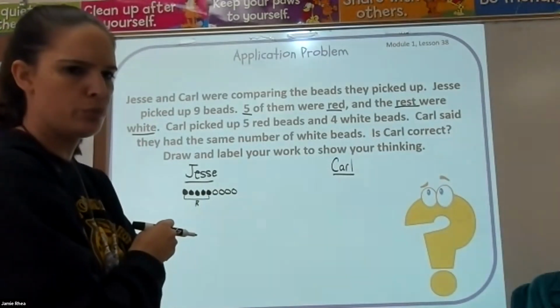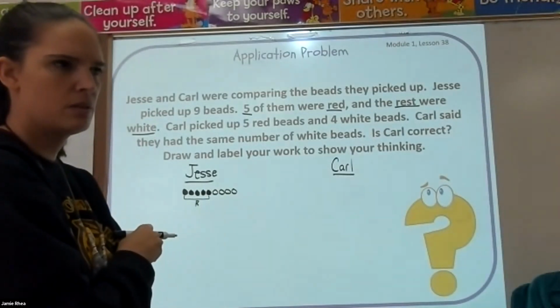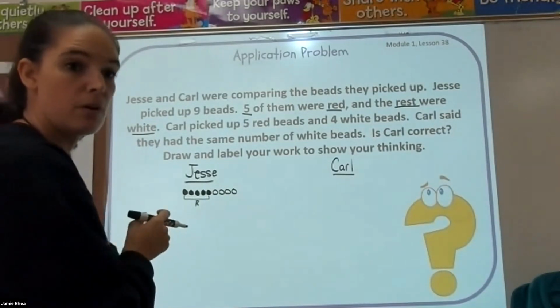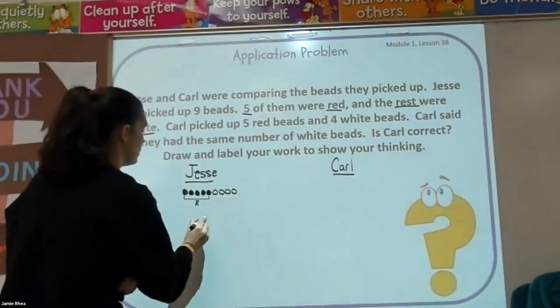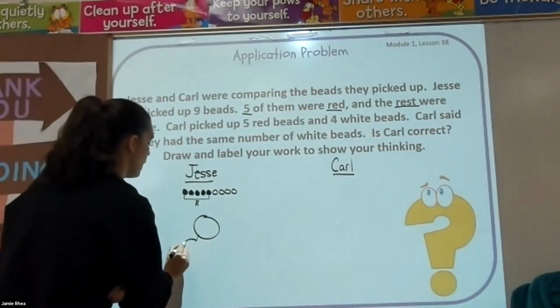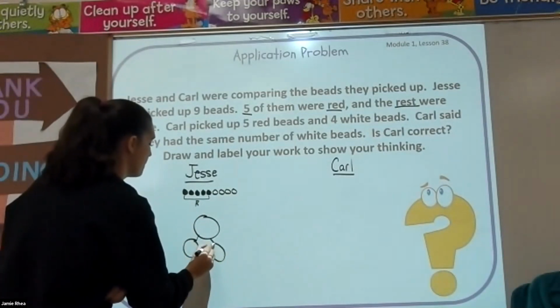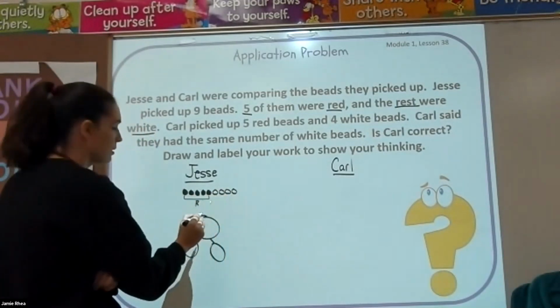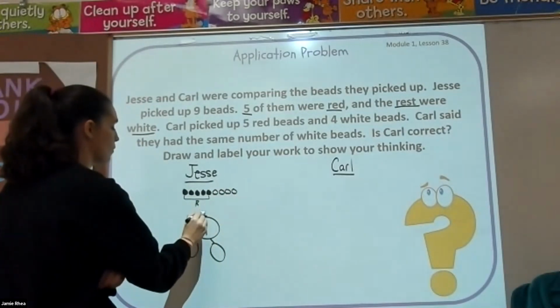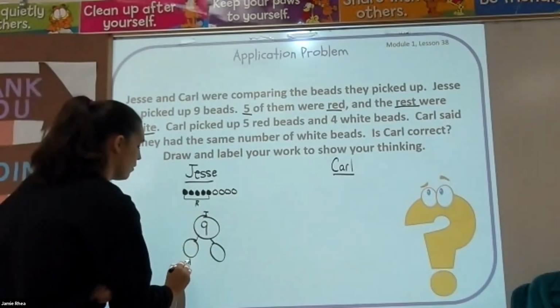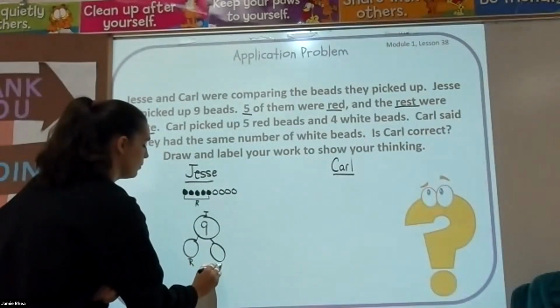How else could I show this? I bet I could draw a number bond. Let's draw a number bond. Okay, so I had 9 beads total. I'm gonna put total here. I'm gonna put an R here for red and a W here for white.